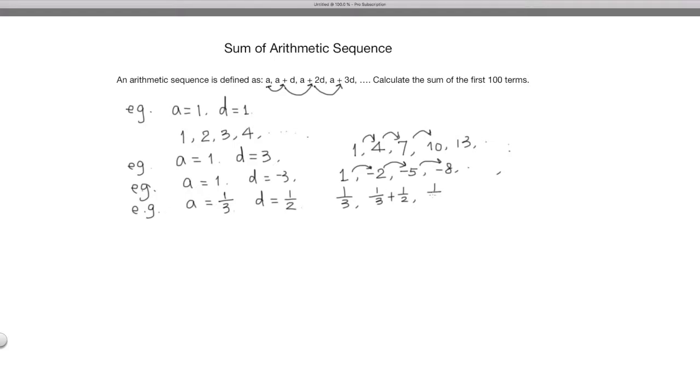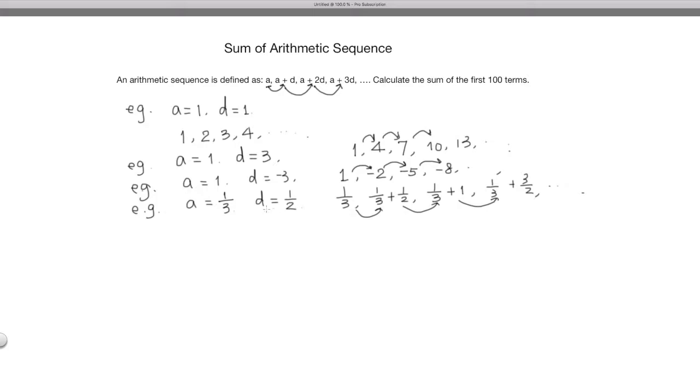The next term is 1/3 plus 2 times 1/2, which is 1 and 1/3. And 1/3 plus 3/2, and so on. Again, the difference is a constant, and this falls into the definition of an arithmetic sequence.